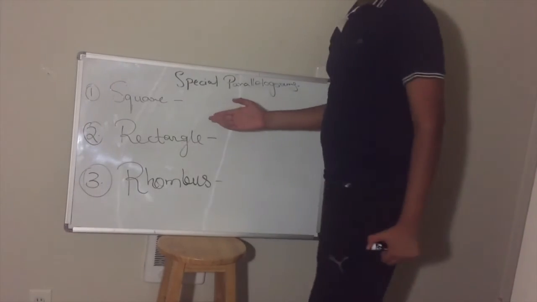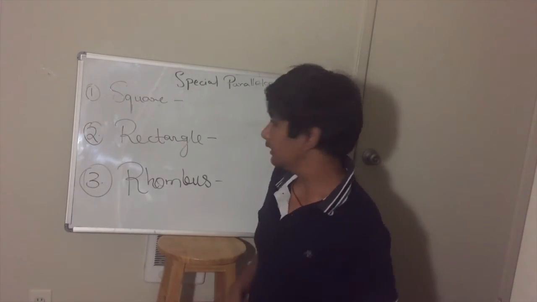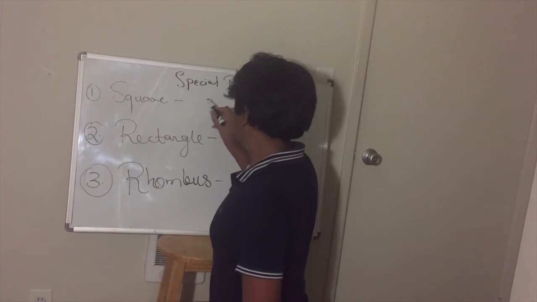These three parallelograms have special properties, and all the properties of a parallelogram also apply to them. Now let's look at them in detail and draw the figures. This is a square.